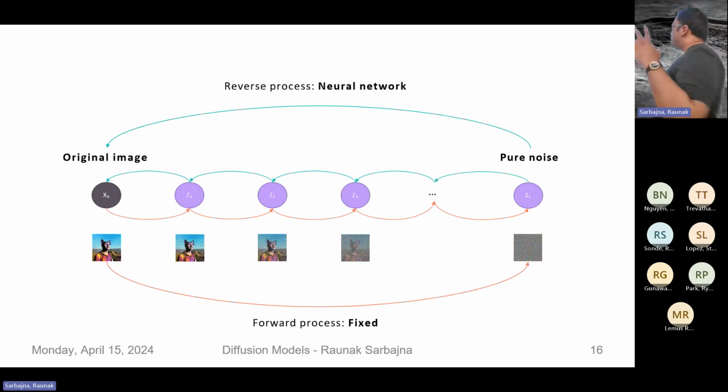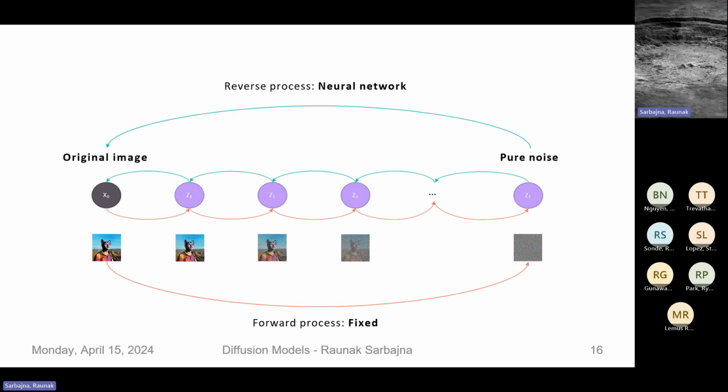So before we get into the math of how diffusion models work, this is an overview of how a diffusion model works. This is the reverse of that image that you saw before. This is an image of a person, and you can see at x0, the image is complete. Then as you move step by step from x0 to z1 to z2 to z3, you keep adding noise to it.